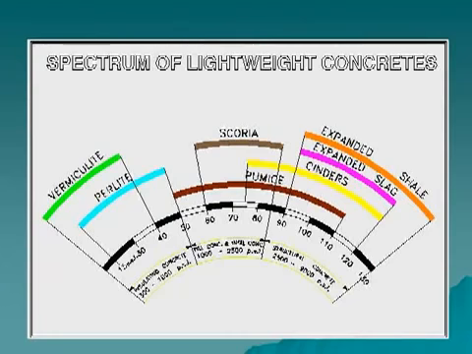This is a graph from the PCA Concrete Manual. From the left, this spectrum illustrates insulating concrete used for non-structural purposes, fill insulating concrete, and finally structural concrete. Notice that they are all called lightweight concrete.